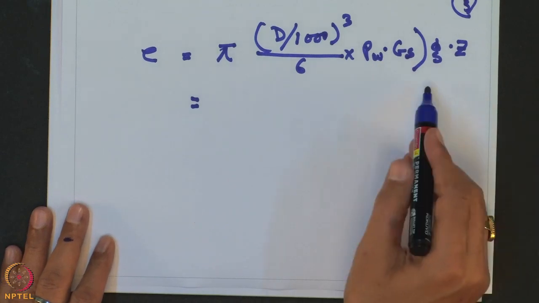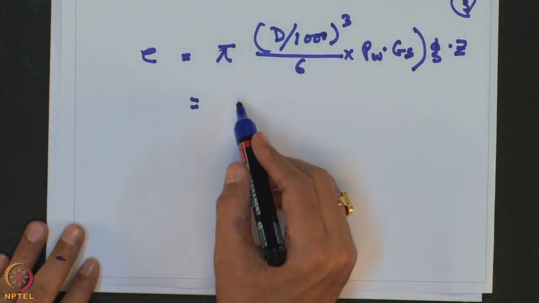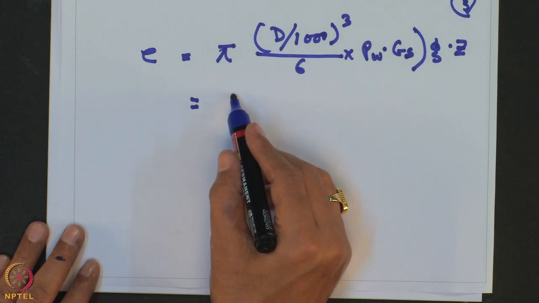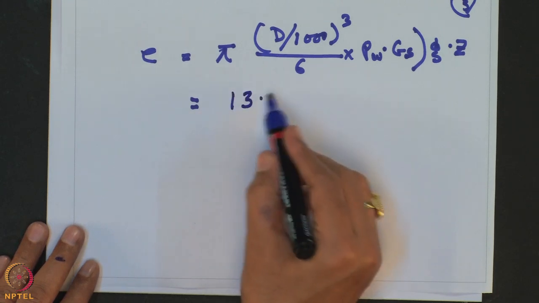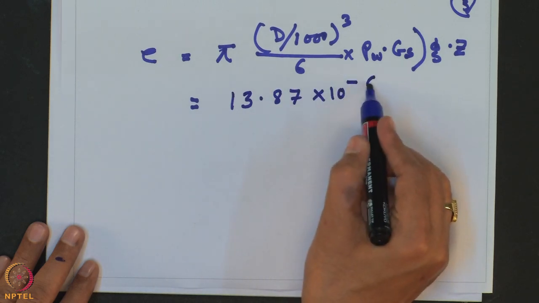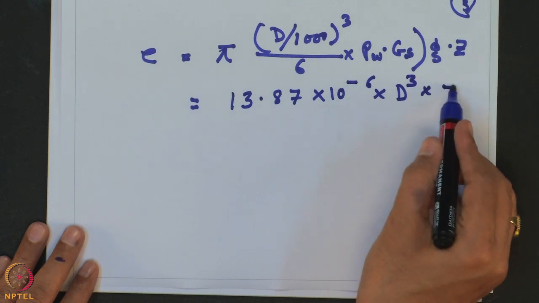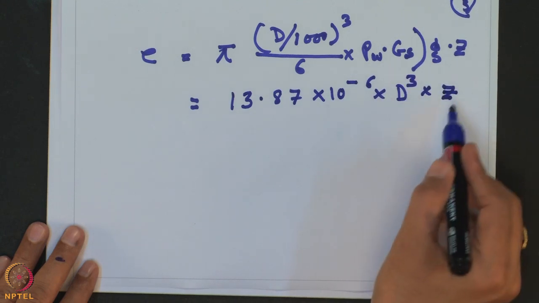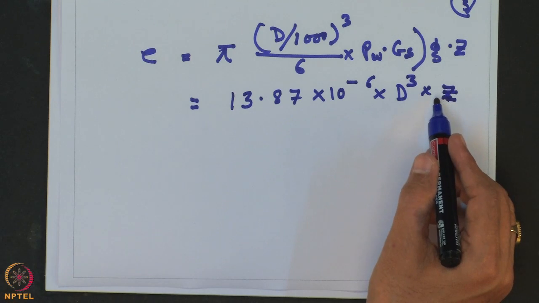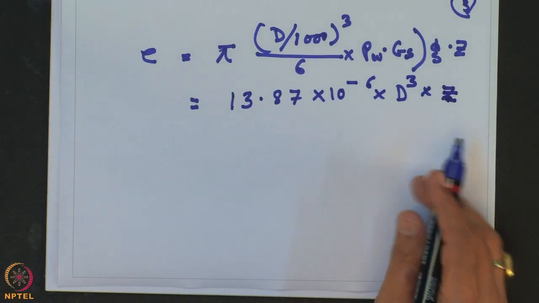So, knowing these values, you can write this equation: energy will be equal to 13.87 into 10 to the power minus 6 into d to the power q into z. Z you know, the height of fall of this material.